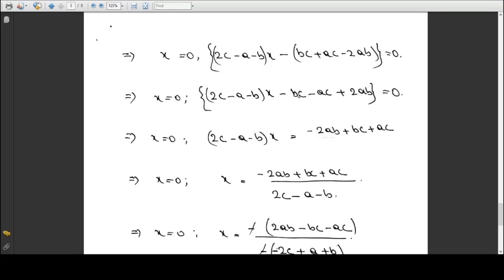Now you take all these terms to the right side. This 2ab is plus, on taking to the right side will be minus. Now this bc is minus, will change to plus, and ac is minus, will change to plus.